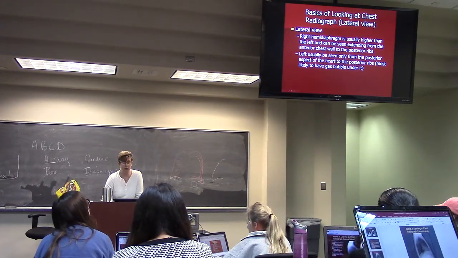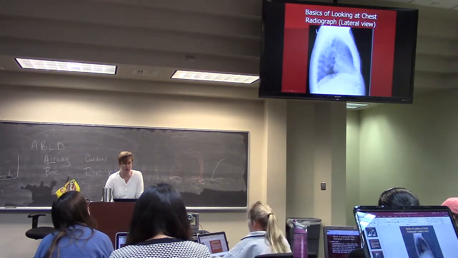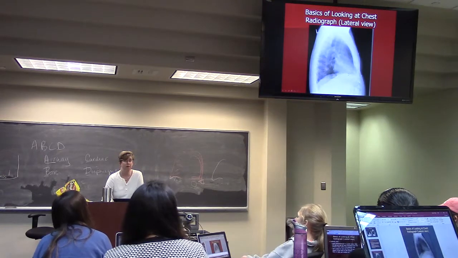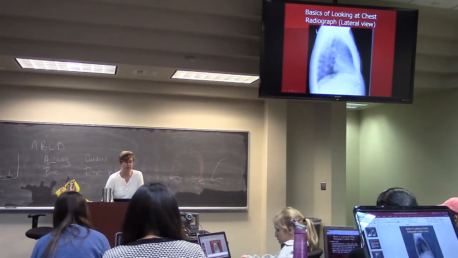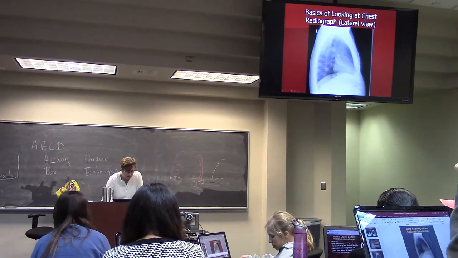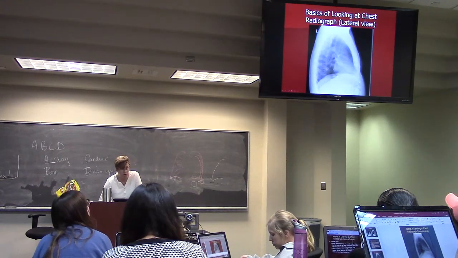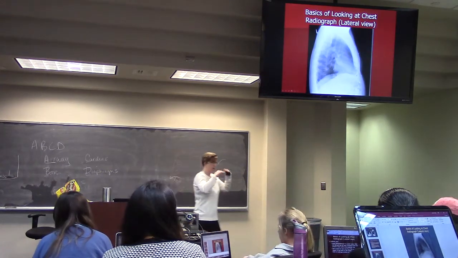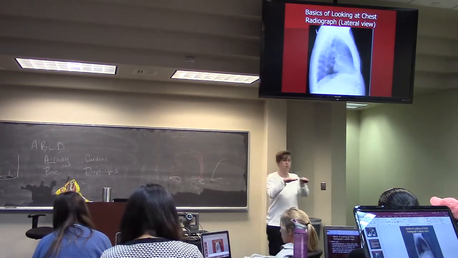Anterior chest wall to the posterior ribs. The left is from the posterior aspect of the heart. So which one is this? This goes from the anterior chest wall to the back. Because those are equal, it doesn't tell you which one's higher. They're both equal in height.